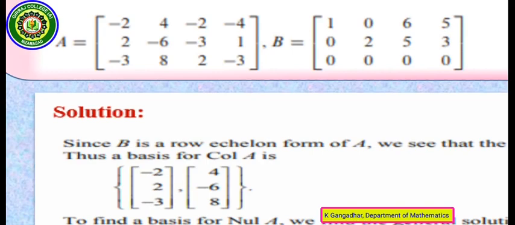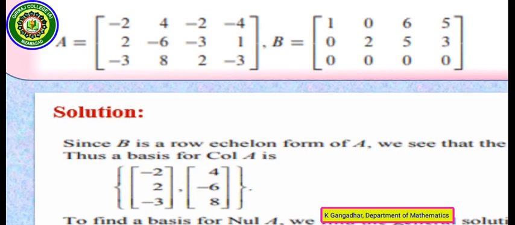In the upper triangular form, the pivot columns form a basis for Col A. In the upper triangular matrix B, the first and second columns are pivot columns. The remaining two columns are linear combinations of these two columns. So the first and second column vectors form a basis for Col A. First column: minus 2, 2, minus 3. Second column: 4, minus 6, 8.